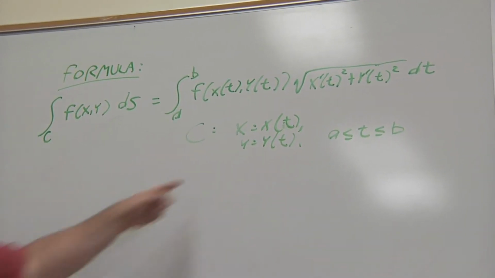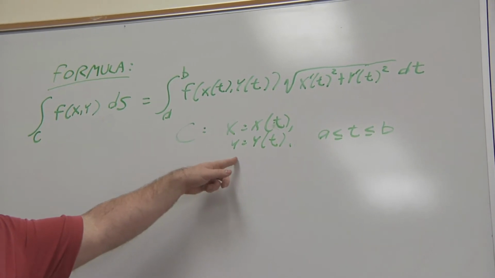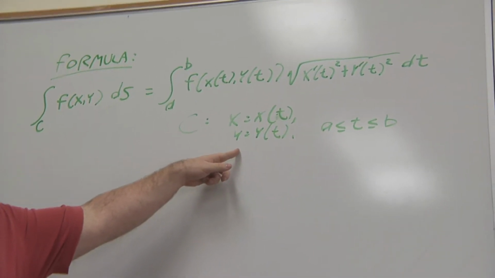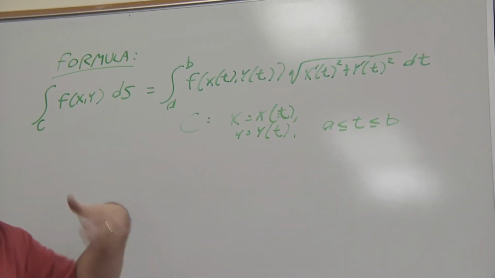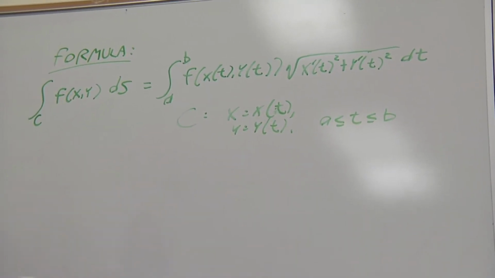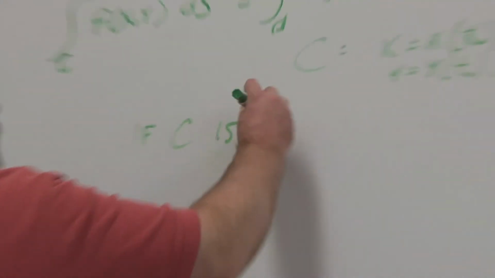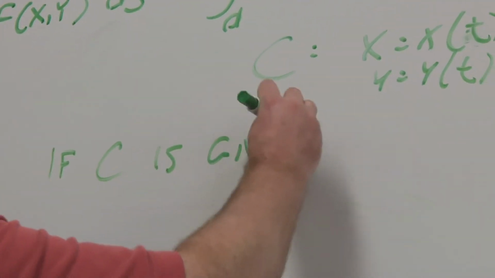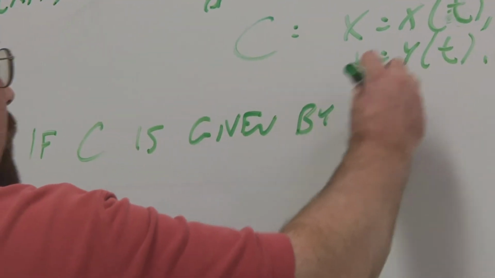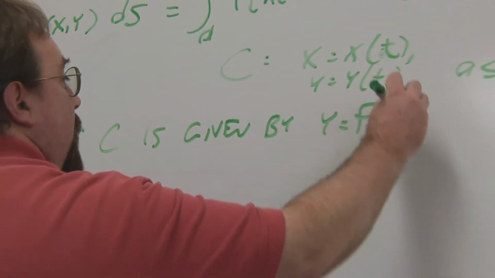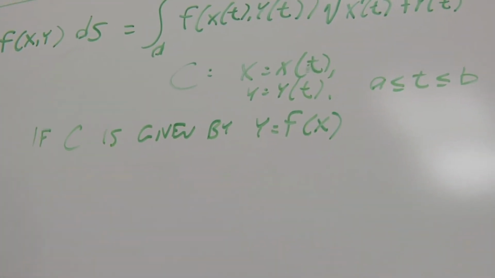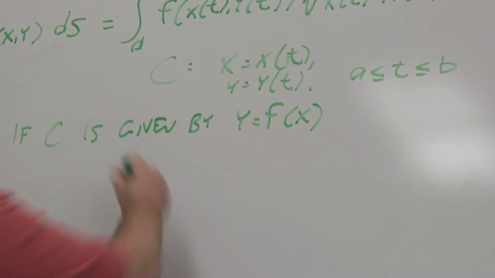Now, how do you parameterize? In most cases, unfortunately, there's no systematic way of doing it, unless a curve is described to you by y being a function of x, then there is a systematic way to do it.